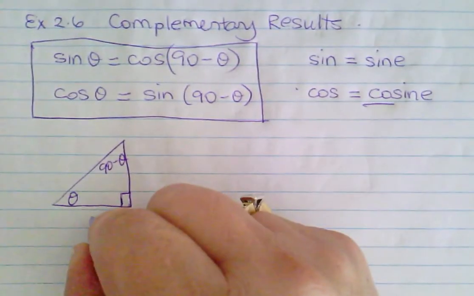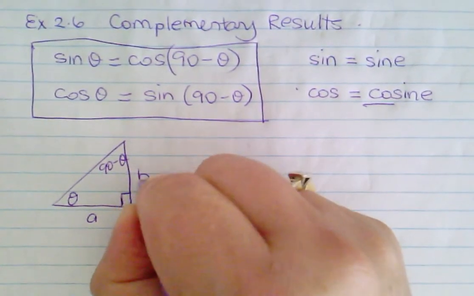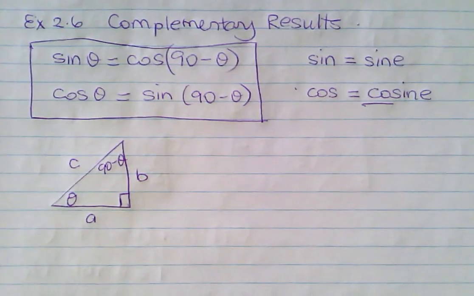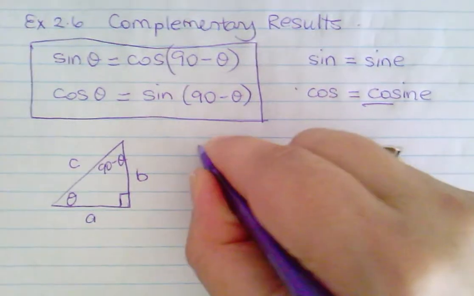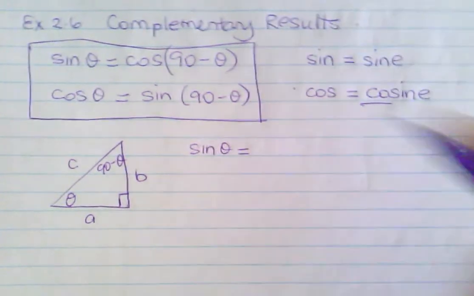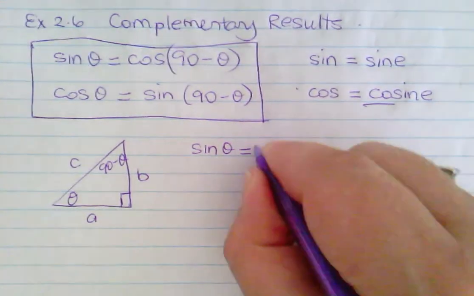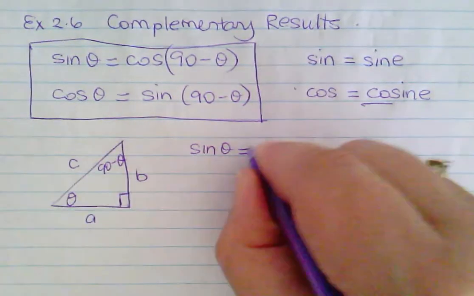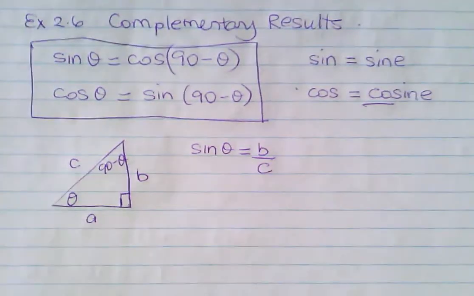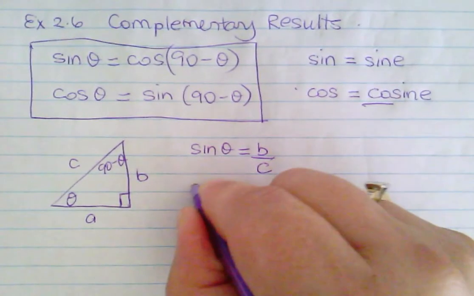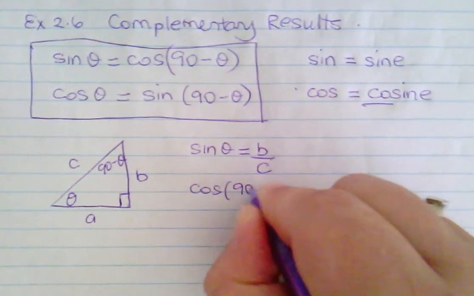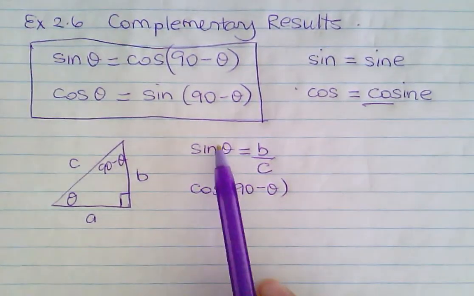So let's just look here. I'm going to call this side A, side B, side C. Let's look at the sine of theta. What does it equal according to these letters? Opposite over hypotenuse, B over C. Now, how do I know which angle I'm working from?